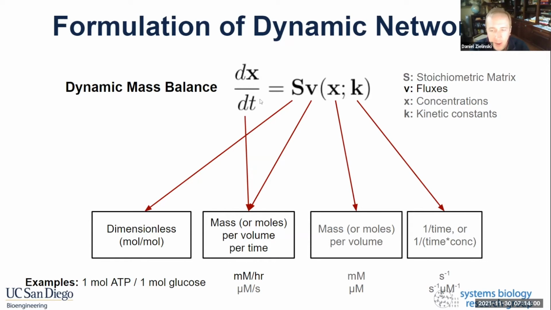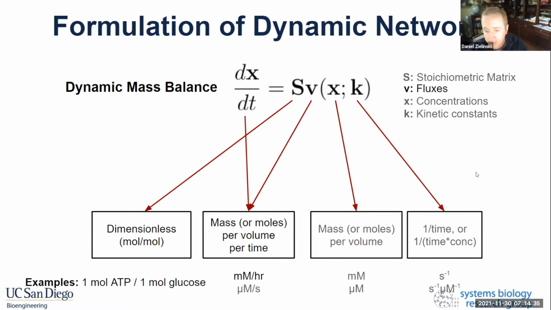We still have our dimensionless stoichiometric matrix, and we still have our v here, but instead of v being a single value or a vector, it's still a vector, but it's a vector of functions. So now our v is what we call a rate law. So it's a function of our concentrations and our kinetic parameters, the concentrations being in mass or moles per volume, and then our rate constants being in per time units.